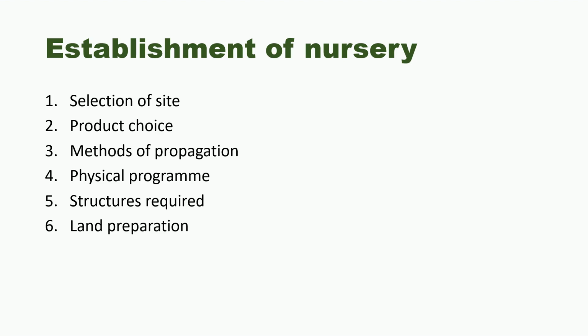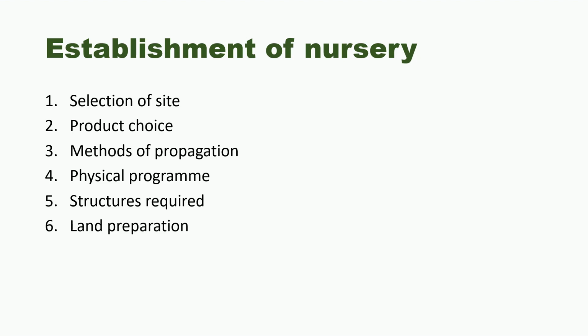Some of the steps for the establishment of a nursery are: first, the selection of the site, and how the selection of the site should be; and the product choice, what the product is and how it should be demanded by the customers; the method of propagation to be followed in the nursery; the physical program; and the required structures.